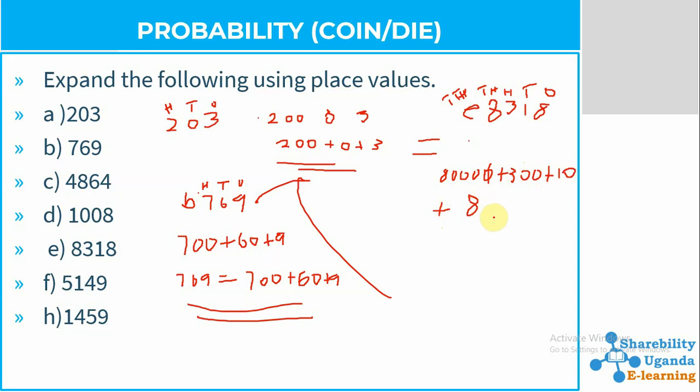So this simply means our number will be equal to this, which is 83,118. So for this we shall have solved our number accordingly. So for the rest, that is the knowledge that we are going to be using in solving numbers of that kind.